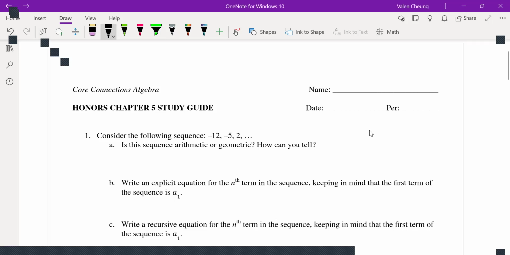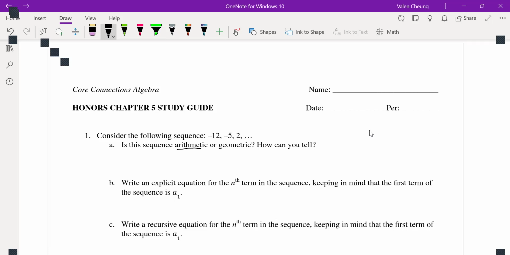Let's start with number 1. The sequence is -12, -5, and 2. They ask, is it arithmetic or geometric? Arithmetic means adding or subtracting. Geometric means multiplying or dividing, but we generally want to just add or multiply.